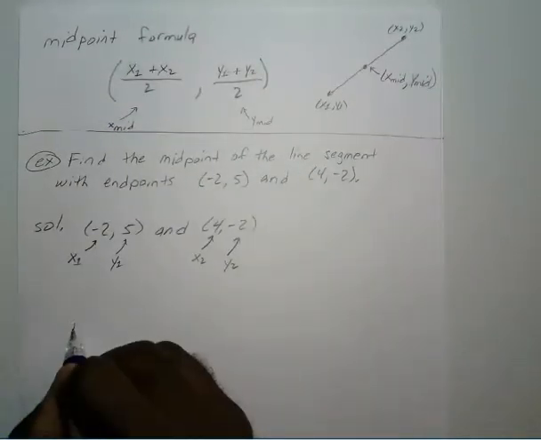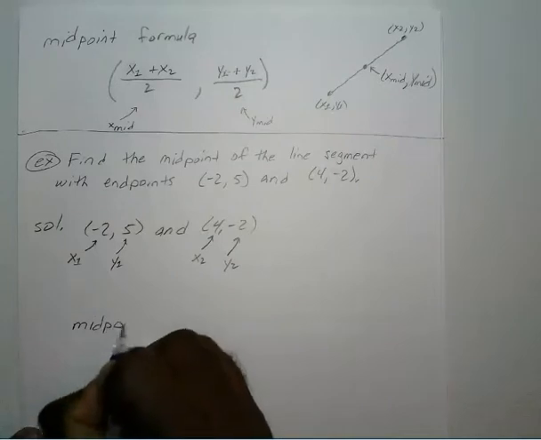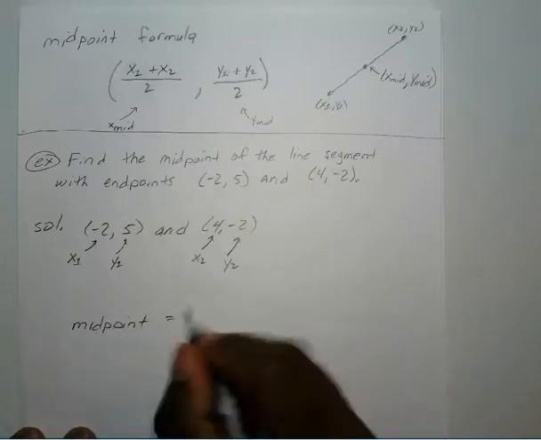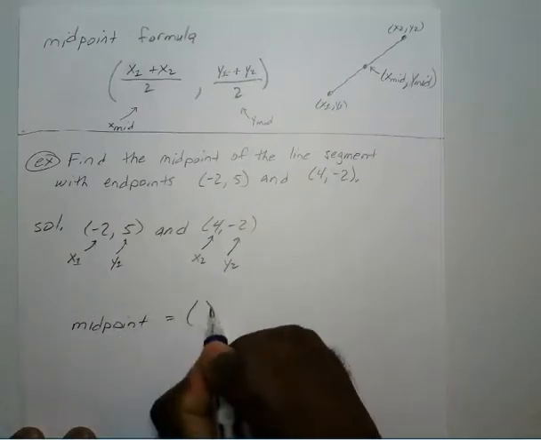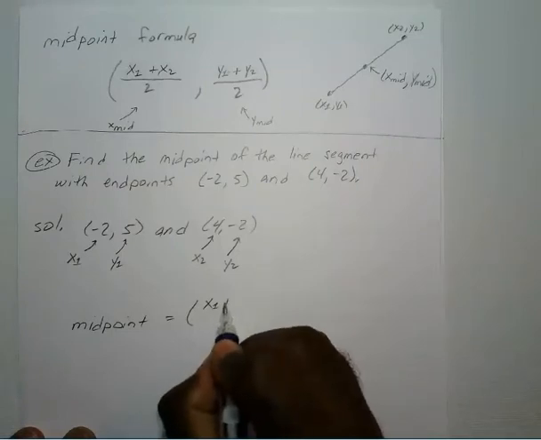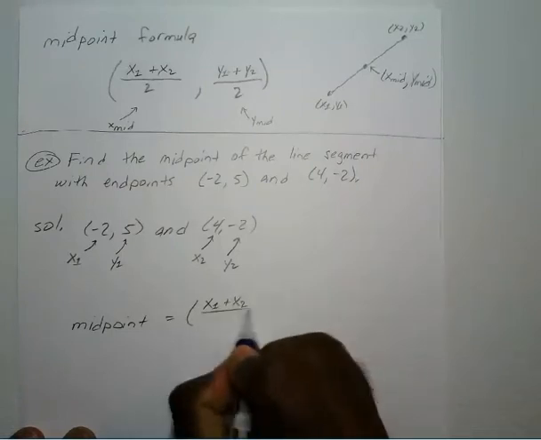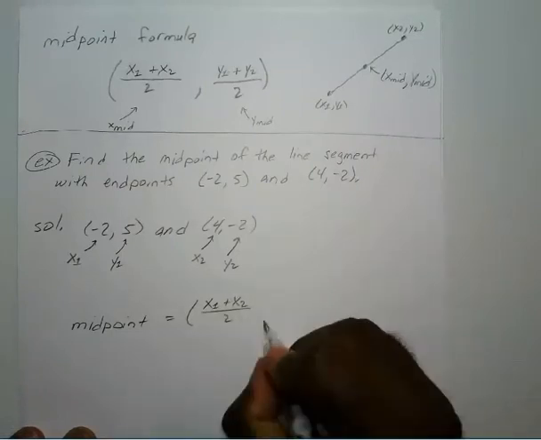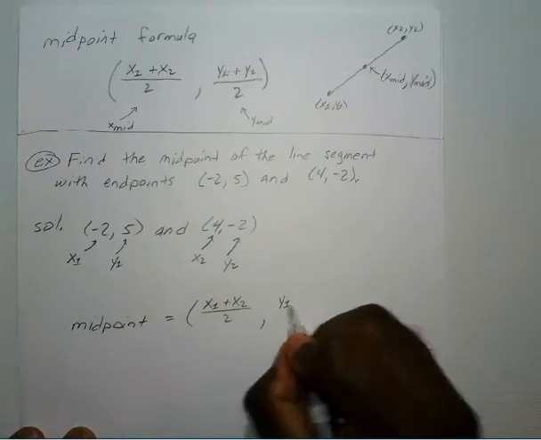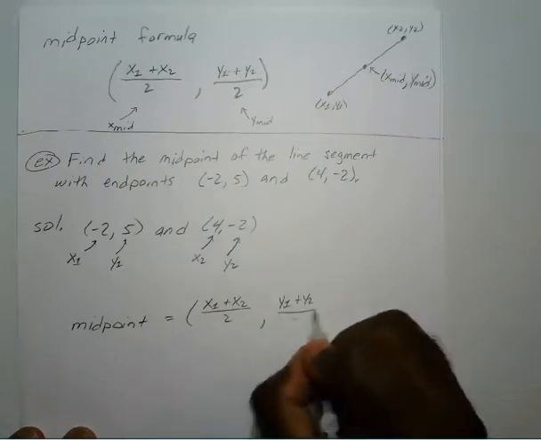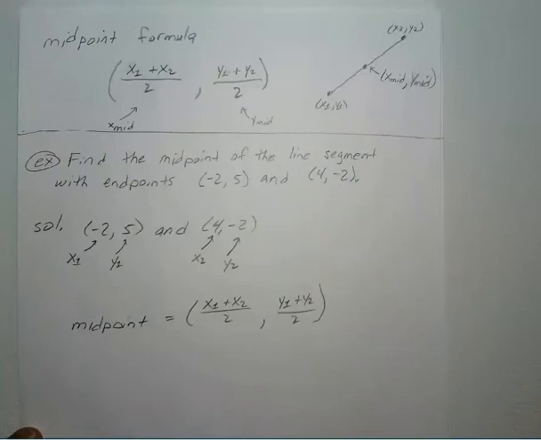We're just going to plug it into our midpoint formula. Remember, that's (x1 plus x2) divided by 2, and (y1 plus y2) divided by 2. And we just plug it in.